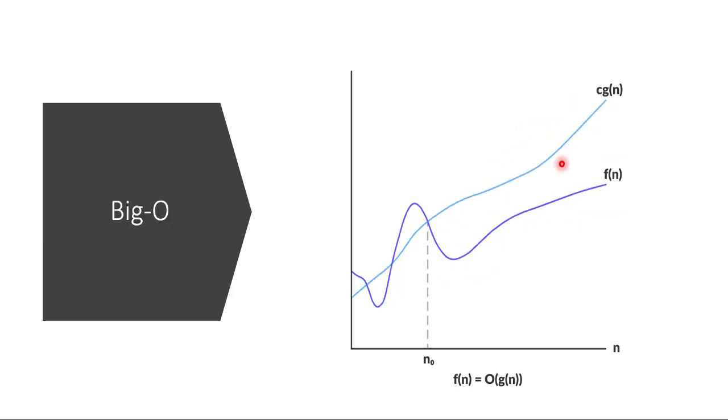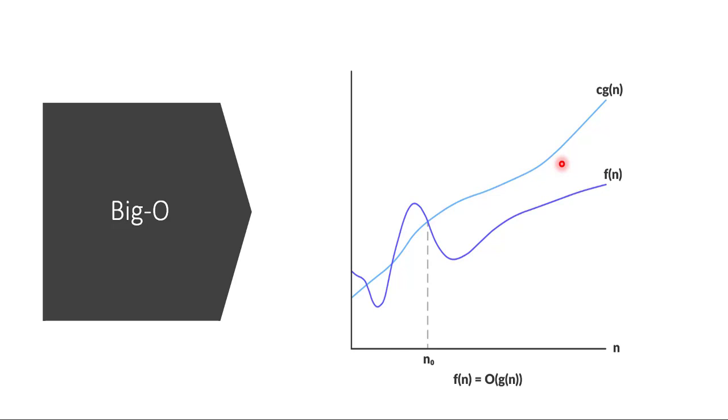Now let us understand upper bounds, which is big O. This notation is known as the upper bound, and we use it a lot in finding the worst and best case complexities of various algorithms.